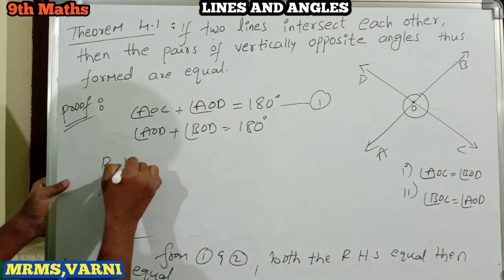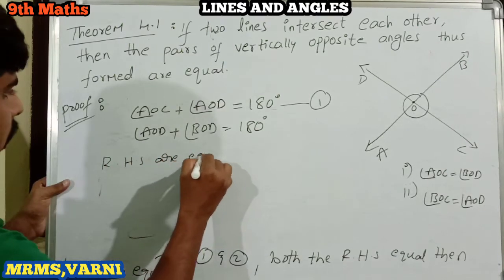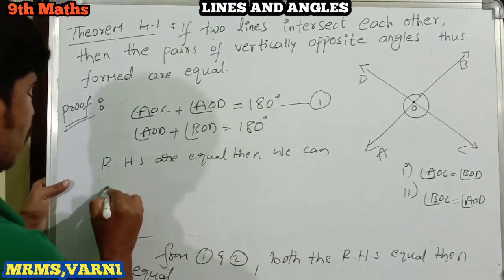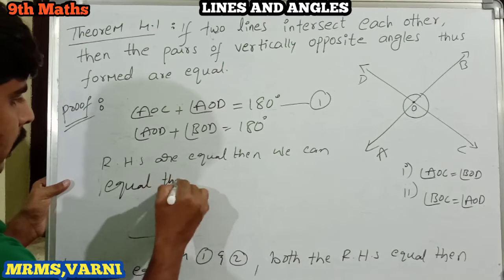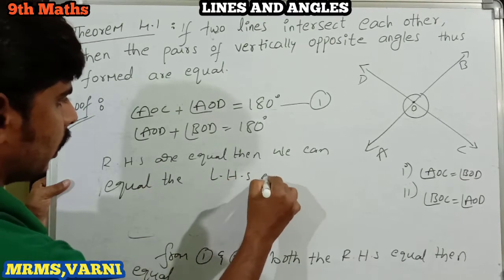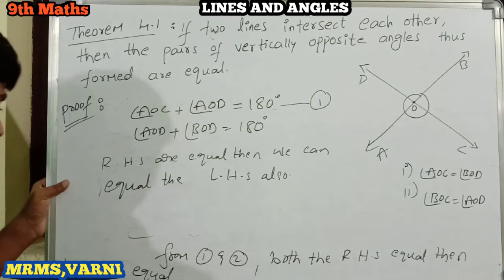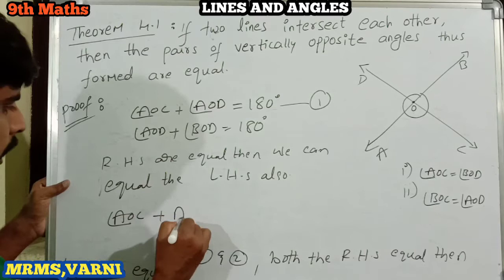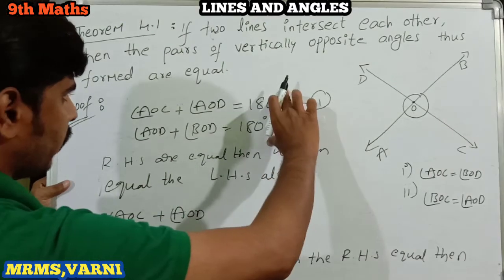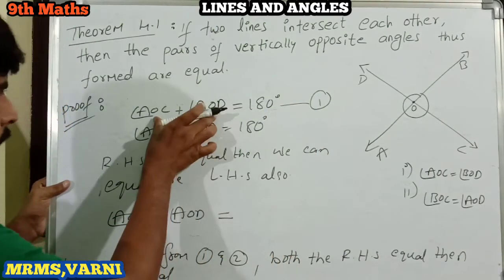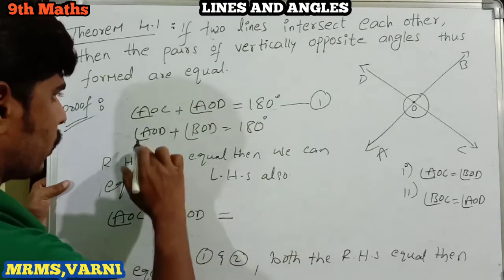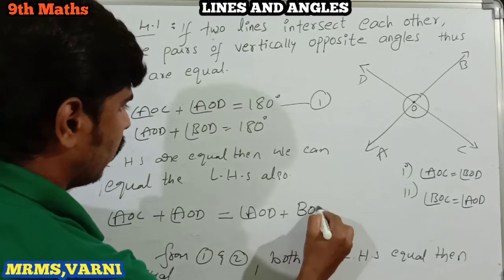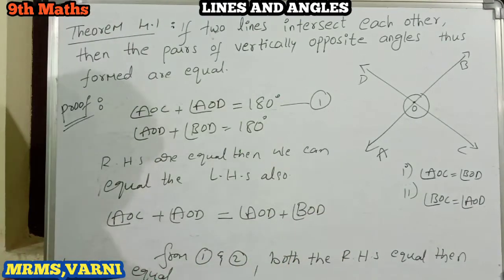So the RHS are equal, then we can equate the LHS also. So we can write AOC plus angle AOD is equal to angle AOD plus angle BOD, isn't it? Is it clear?